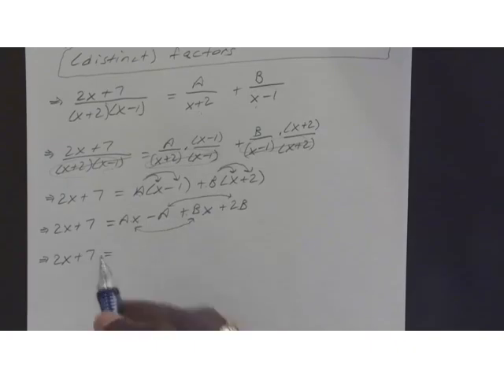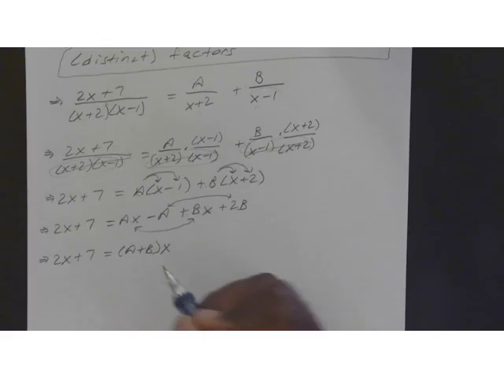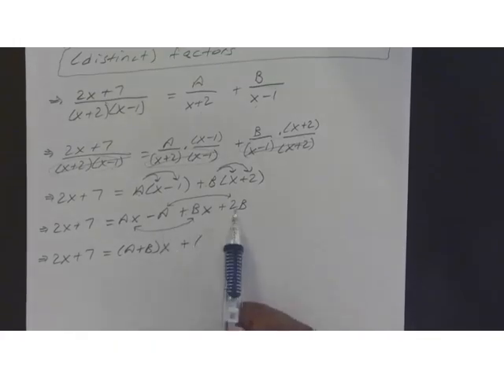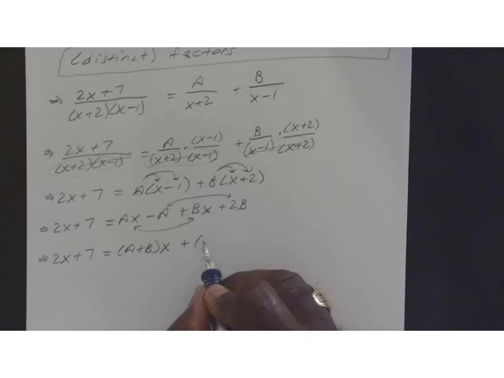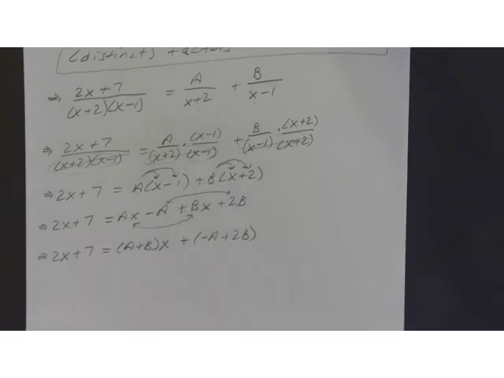If you factor out that x, that's just a plus b times x. Plus, we get our two constant terms, we can just make it negative a plus 2b. Nothing really fancy we have to do with that one.